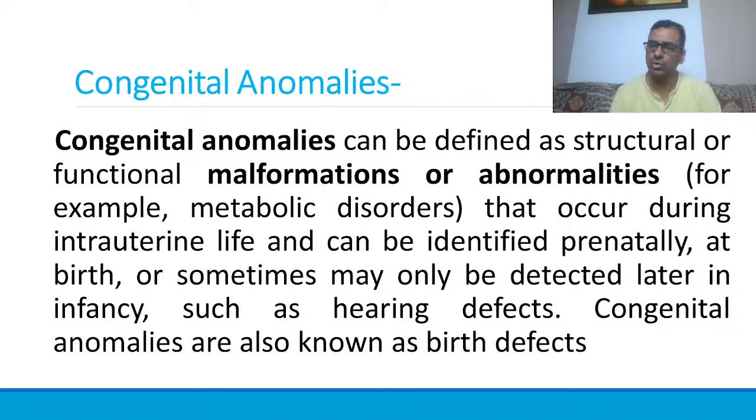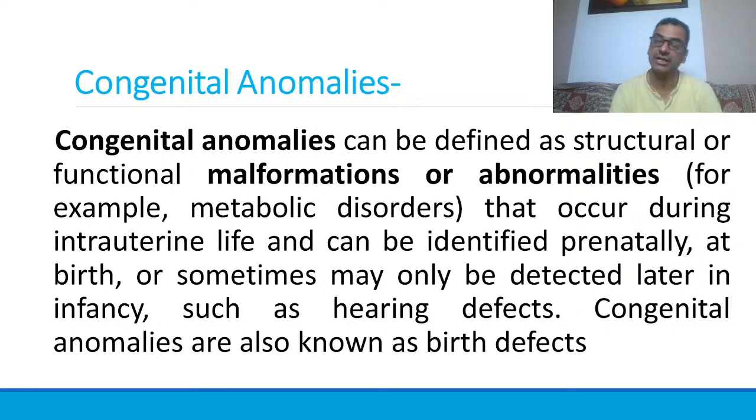Congenital anomalies or congenital abnormalities can be defined as structural or functional malformations or abnormalities. For example, metabolic disorder, that is a functional abnormality, or cleft lip or cleft palate, that is a structural malformation, that may occur during intrauterine life and can be identified prenatally.